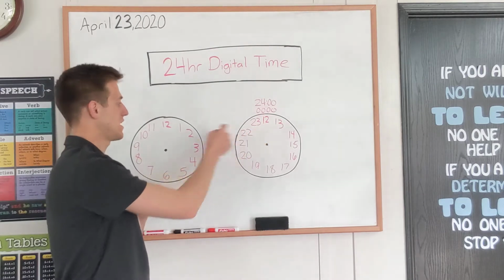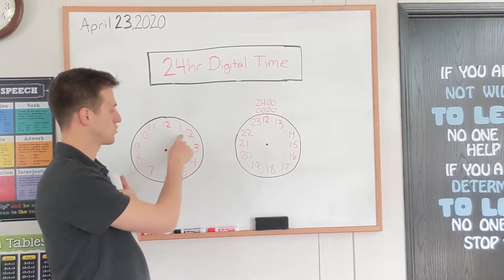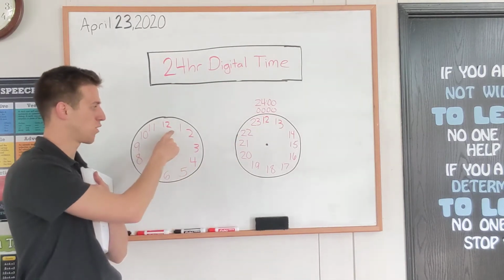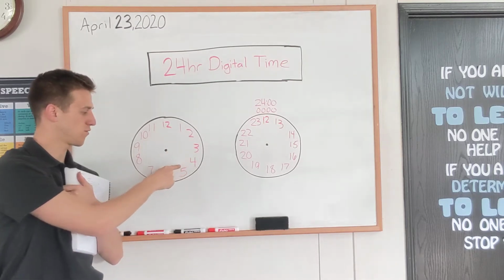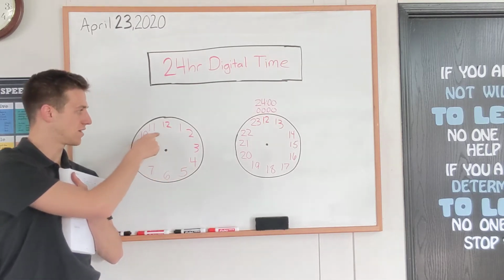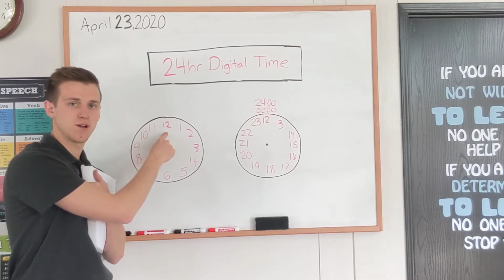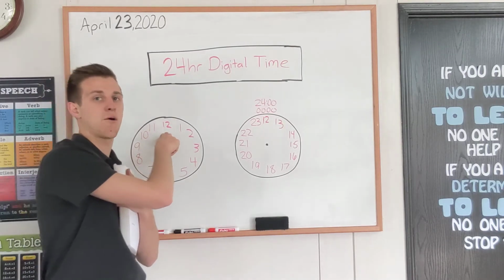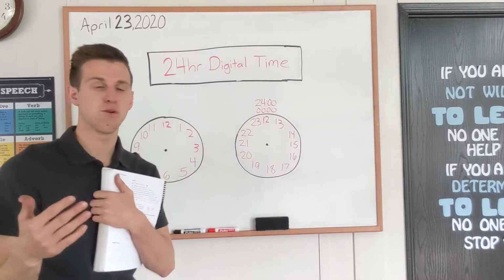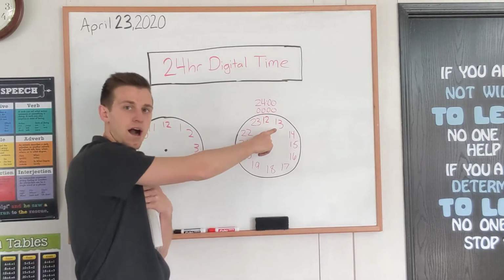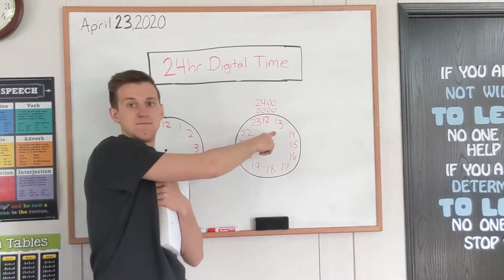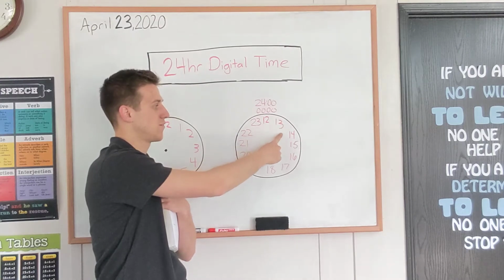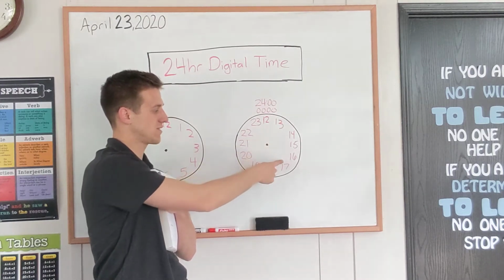So let's say here we went from 12, this was the time in the morning. We went 12, 1, 2, 3 o'clock in the morning, 4, 5, 6, 7, 8, 9, 10, 11. Then we get to noon, all right? The 24-hour time period goes to 24. So instead of going to 1 o'clock, it goes to 13. Okay, so we have 13, 14 o'clock, 15, 16, 17, 18.